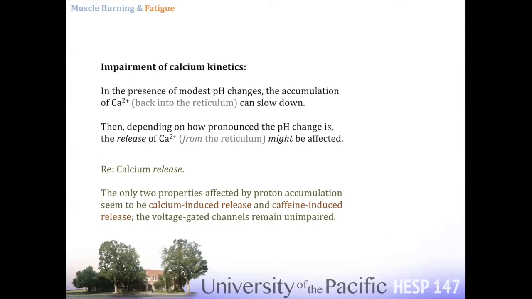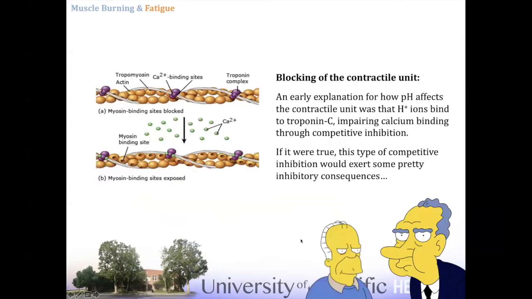If you go from all the way up north in your primary motor cortex and you cross the neuromuscular junction and hit that dihydropyridine receptor, that doesn't really seem to be affected. But the calcium-induced calcium release that happens after the depolarization-induced calcium release, there seems to be a little bit of an effect there. And the caffeine-induced release, sure.